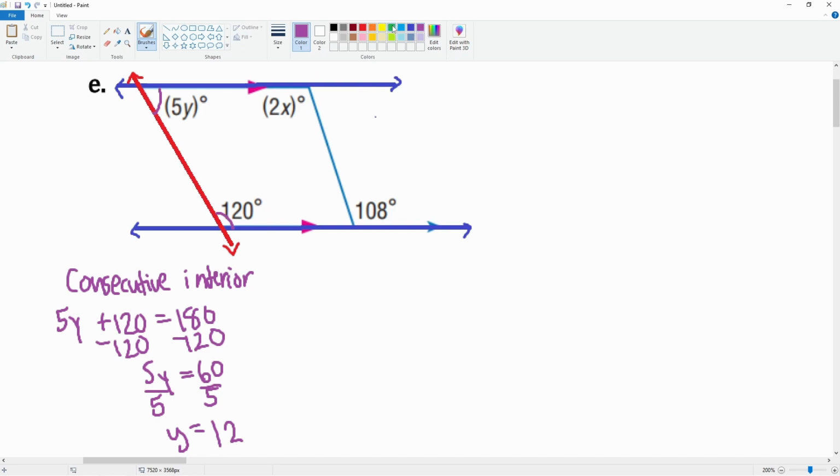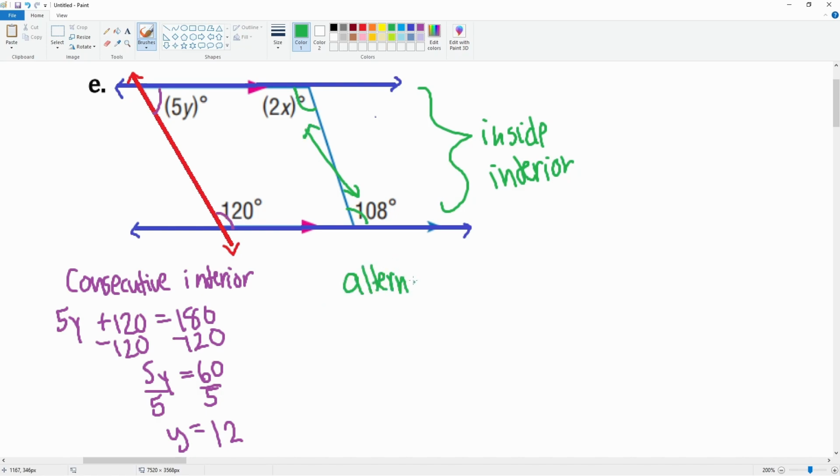Ooh, this is very interesting. Notice now, this is on the inside. Sorry, this is on one side of the inside. So notice they're both on the insides here. So we can say that this is your interior. Notice that they cross the transversal. So this is therefore called your alternate interior.